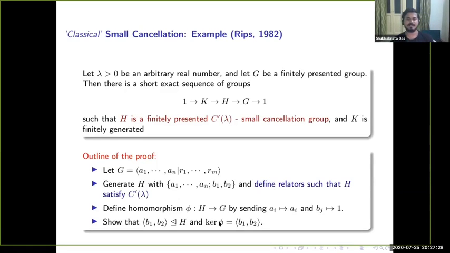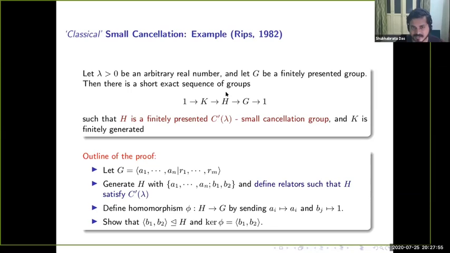So here is a very nice example of a small cancellation group. It's a very nice paper written by Rips in 1982: given any finitely presented group G, and a positive number, you can find a small cancellation group.